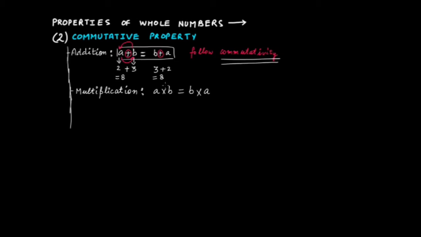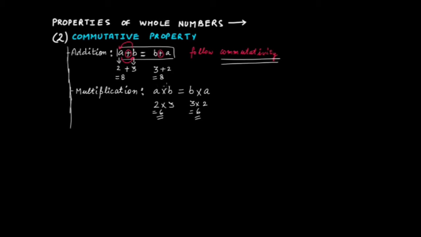If yes, then it will also follow the commutative property of whole numbers. To check this, you can take the same example of 2 and 3. So 2 multiplied by 3 would give you 6, and 3 multiplied by 2 would give you 6. In both cases, you got the same answer.